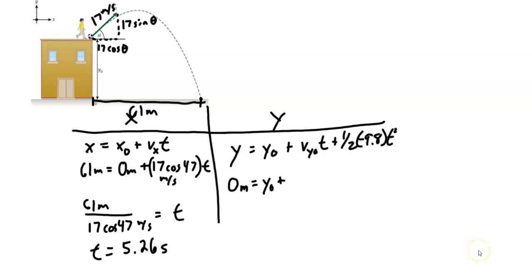All right, so that gives me a little more space to work here. So our initial y velocity was 17 sine of theta, 17 sine of 47 degrees. Multiply that times the time, which is 5.26 seconds.